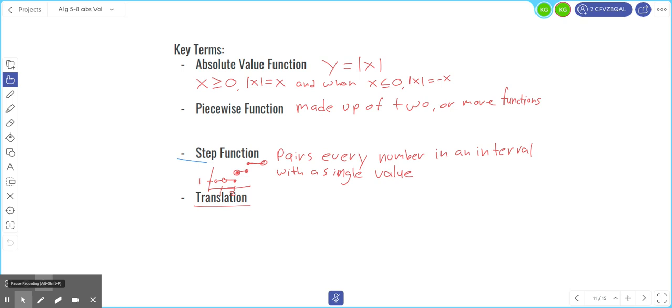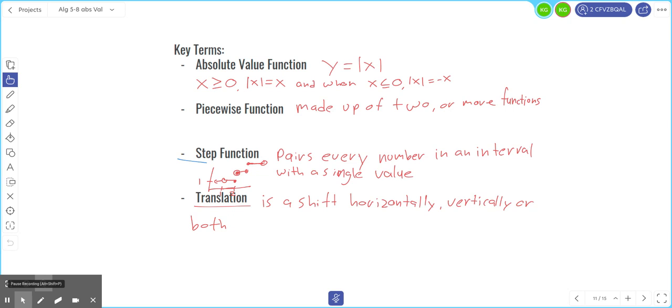So, a translation is a shift horizontally and vertically, or, and we haven't seen this yet, but or both.